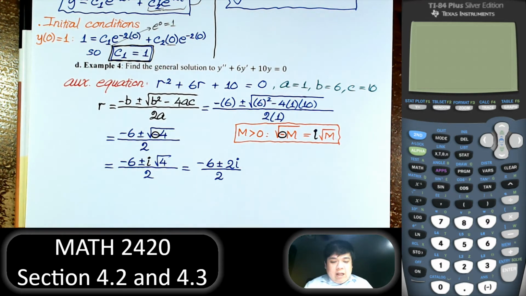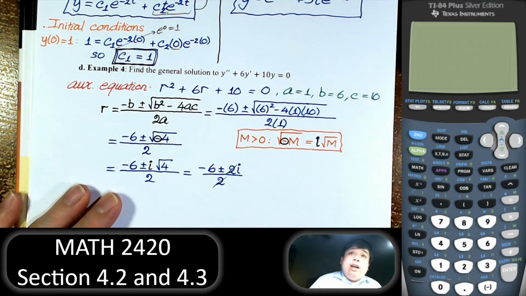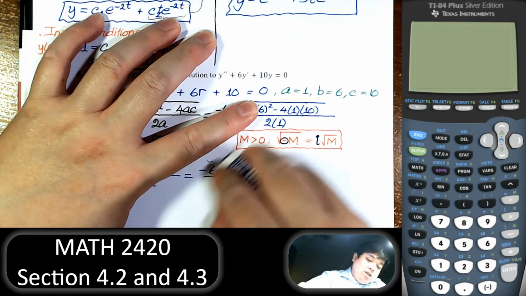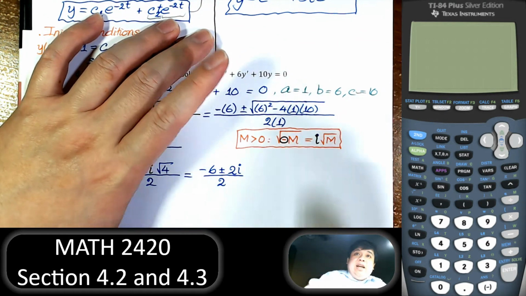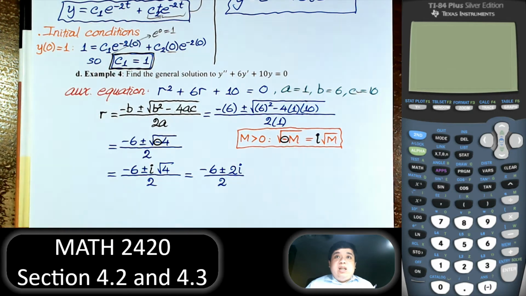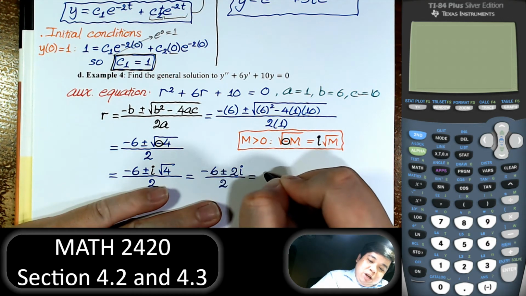Right. Now, whatever you do, do not cancel the 2 here. That's totally wrong, because whenever we cancel, it has to be a factor. Meaning if it's multiplied, we can cancel. If it's plus or minus in the middle, we cannot simplify. But both of them are even, so I can pull out the 2.